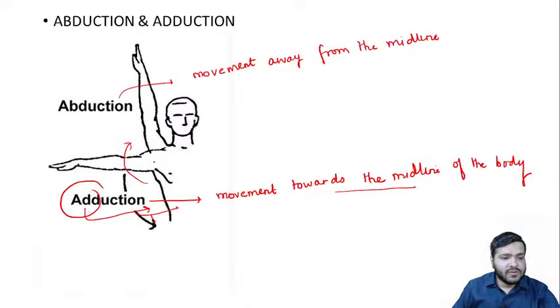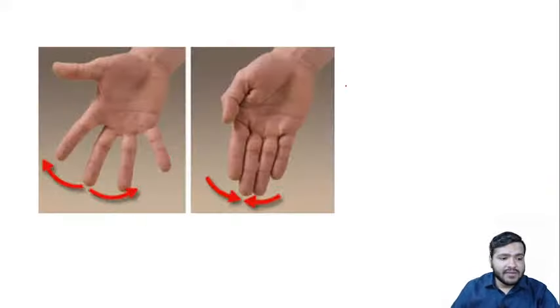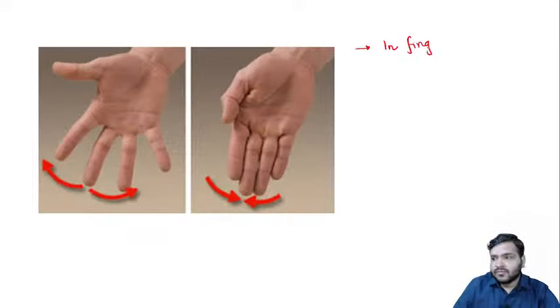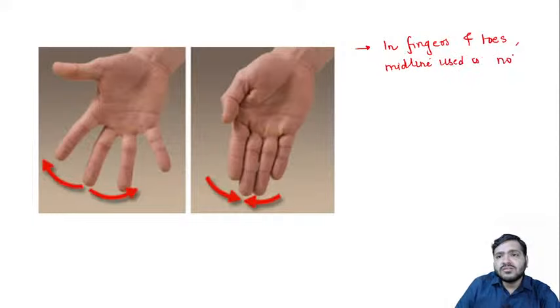So yeah, apart from that, guys, try to remember the fact in hands also, and like fingers and toes. So write down, in fingers and toes, the midline used is not the midline of the body.